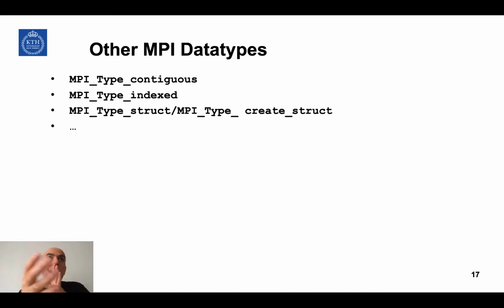So I just gave you a broad overview of MPI data types and why we might want to use them. We'll provide some more material on how to use some of these MPI data types in applications.